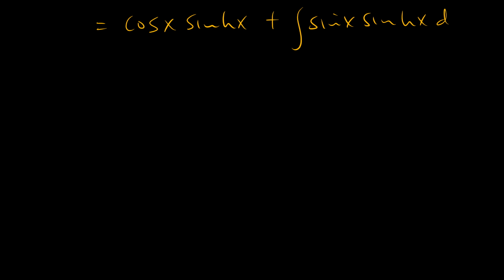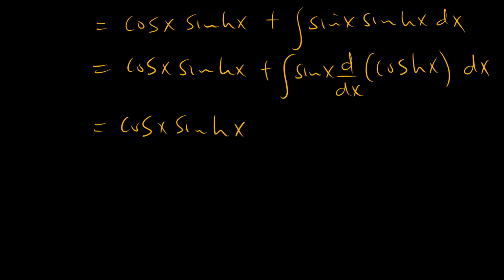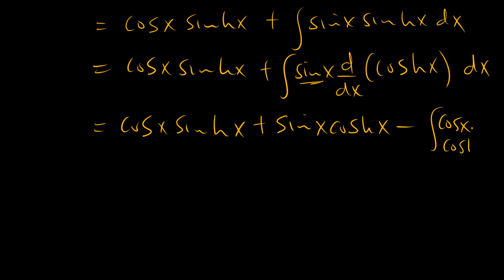Okay, so we have come to that point. Sine of x times the derivative of sinh x, which is cosh x, plus, again using integration by parts, sine x cosh x minus cos x, the derivative of sine x, times cosh x.